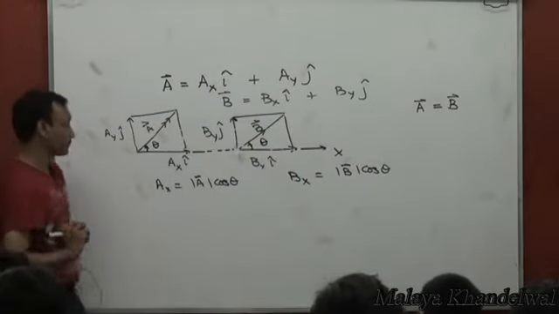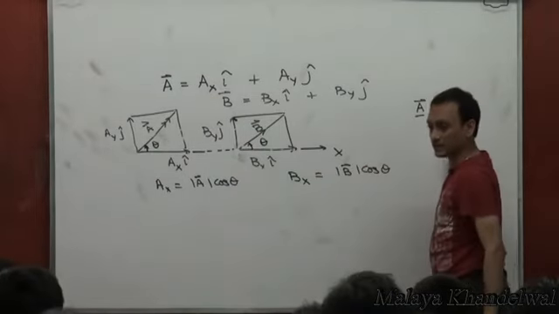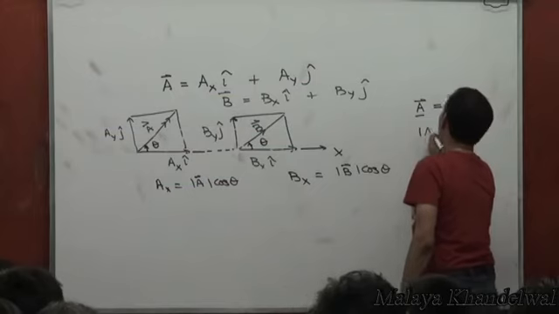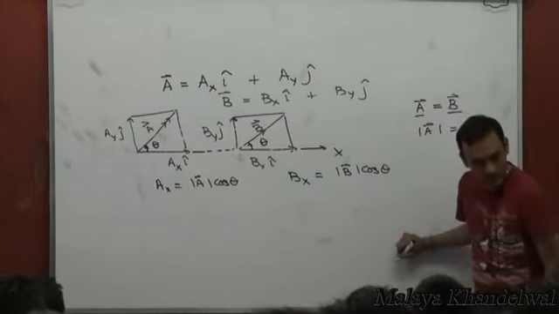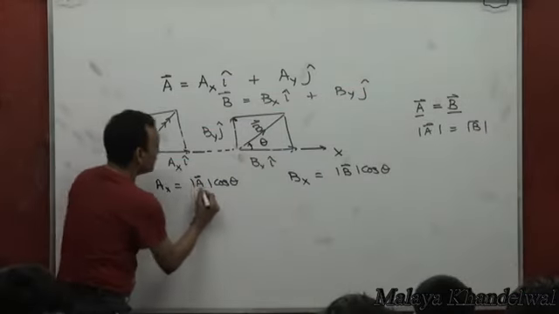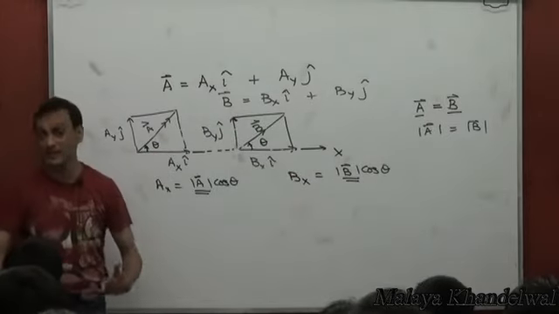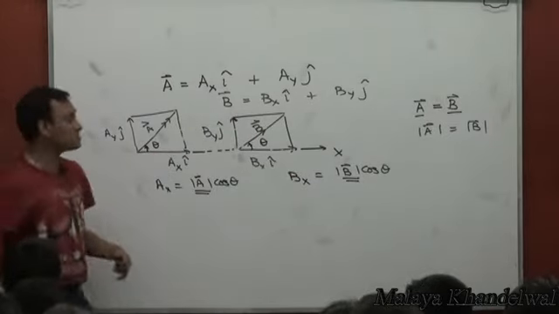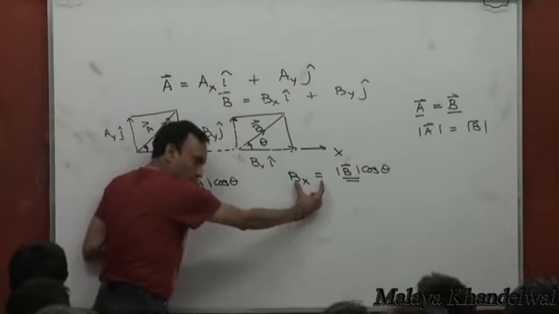Clear? But if the vector A is the same as the vector B, then mod A must be equal to mod B. If mod A is the same as mod B, because A and B are equal, they must be the same in magnitude as well as direction. So then AX must be equal to BX.